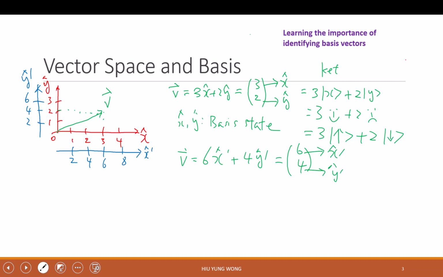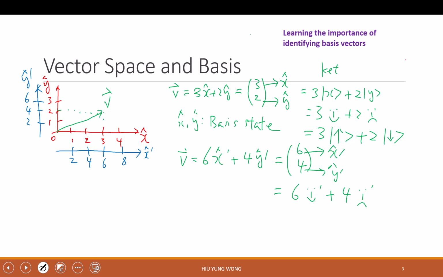Right? So similarly, I can write this as whatever I want, still 6 happy face, but maybe this time happy face dash, because this happy face is different from that one. They have different meaning. Okay? So they have different bases.